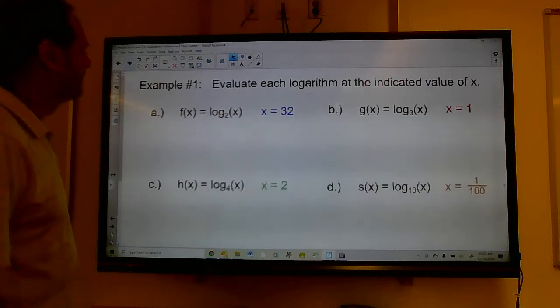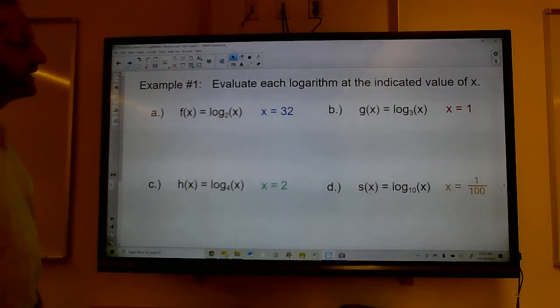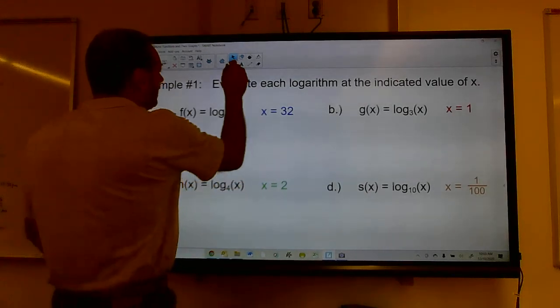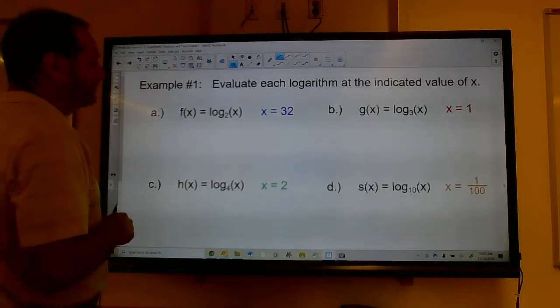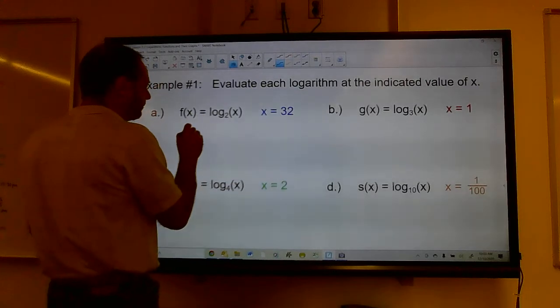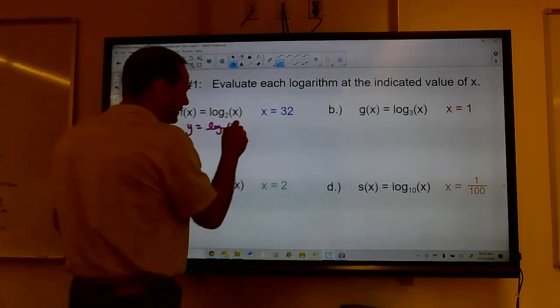Okay, so how do we do this? Evaluate each logarithm with the indicated value of x. So what we need to do is solve the log base 2 of 32. Here's what I would do. I would rewrite this as y equals log base 2 of 32.